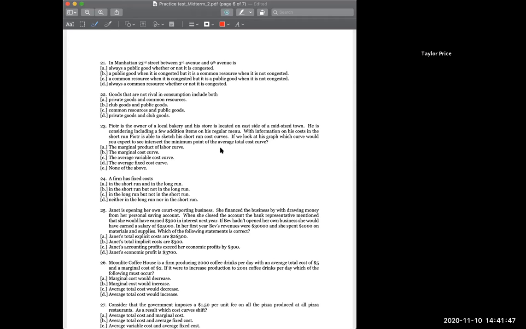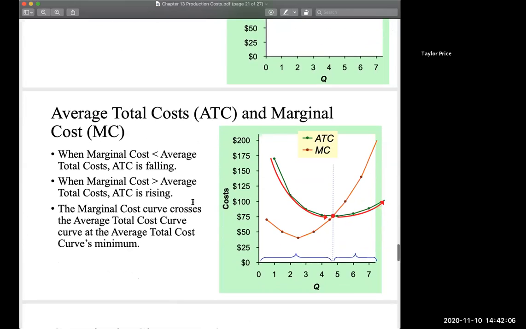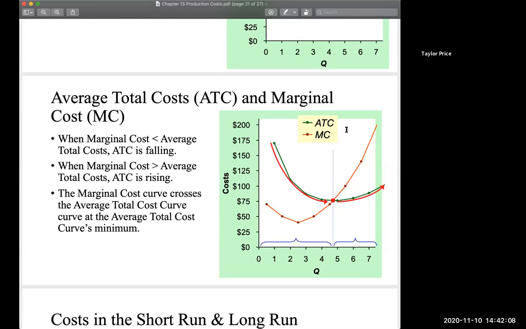And I believe, let me just pull up chapter 13 and see if there's a graph in here. Yeah, so, and let me share this with everyone too. So this example right here is exactly what that question is asking about.